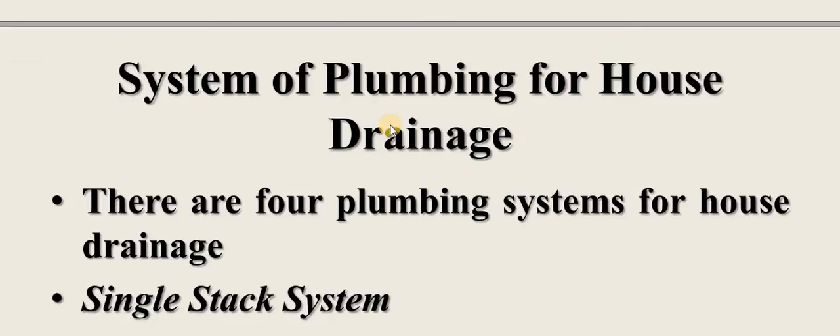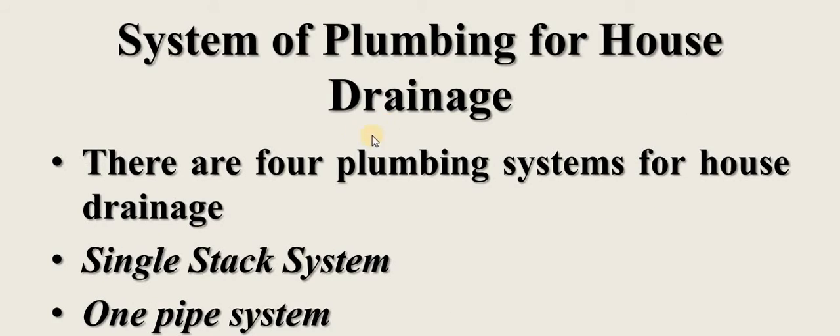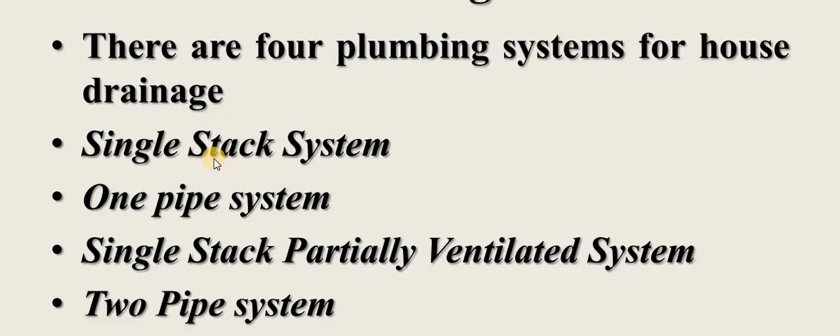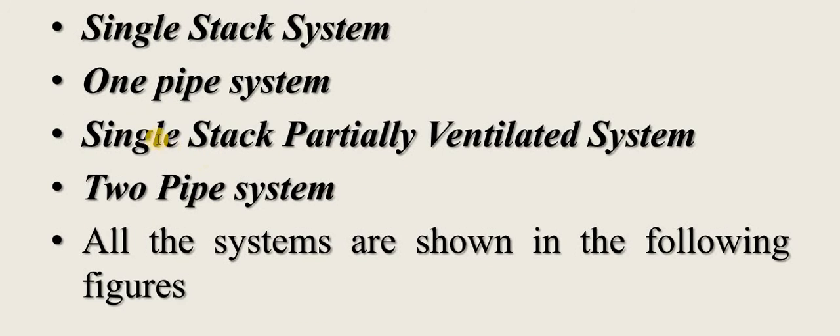So we will move further to the important topic, that is the system of plumbing. There are 4 plumbing systems of house drainage: single stack system, one pipe system, single stack partially ventilated system and 2 pipe system. All systems are shown in the following figure.